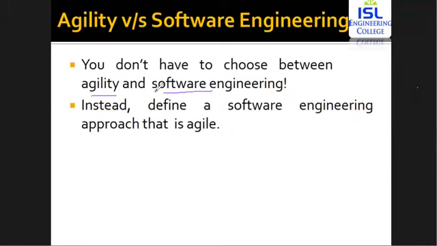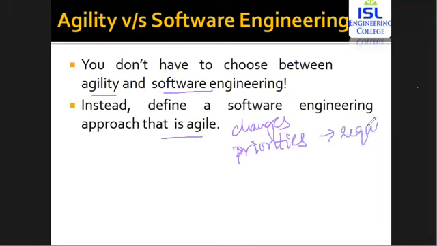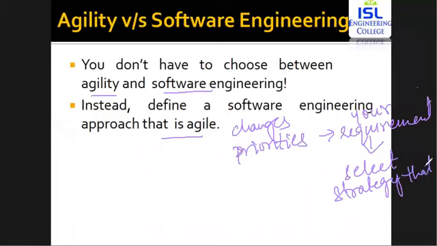Instead, you're going to make a software engineering approach that is agile, that is adaptable to the different changes and the different priorities that you require within your particular project. Based on your requirement, you're going to select a strategy that best suits your project.